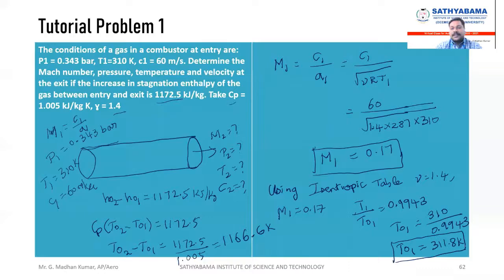Very good. Now, with the help of this T01, now we could find this value, correct? So what is your T02 minus T01? So T02 is equal to 1166.6 plus this 311.8 Kelvin. So what is your T02 now?